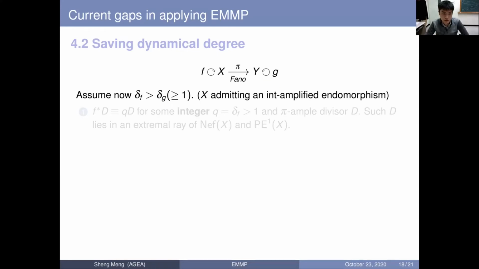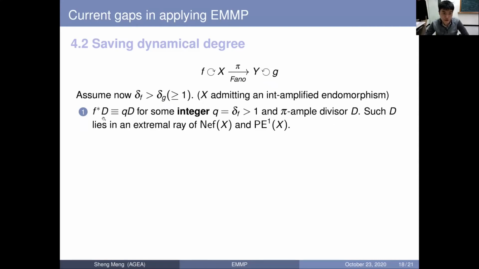First, we see that since delta F is greater than delta G, and the Néron-Severi of Y is a hyperplane of the Néron-Severi of X, delta F is the only eigenvalue with modulus equal to delta F. So delta F is a unique eigenvalue, even counting multiplicity.